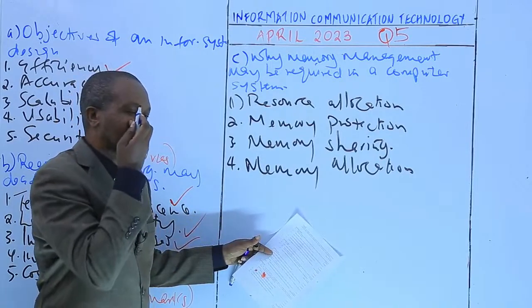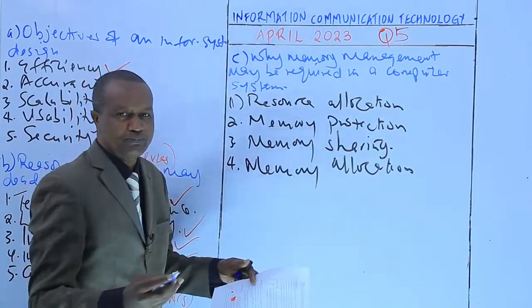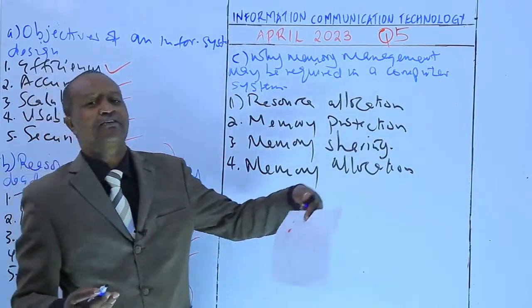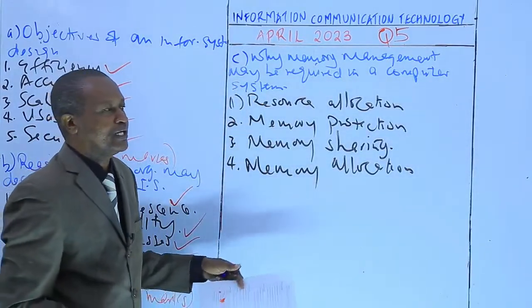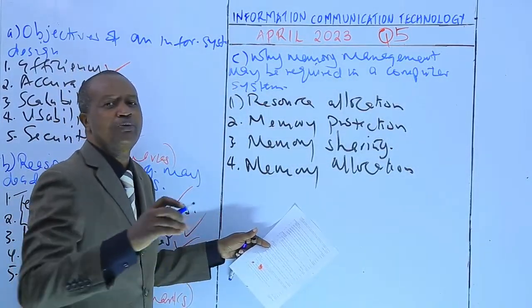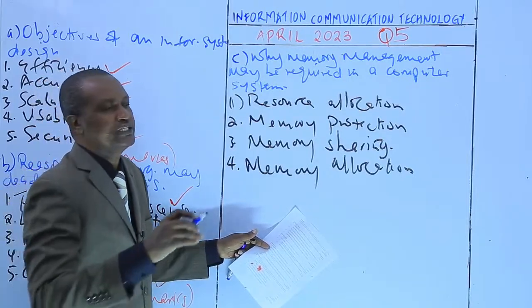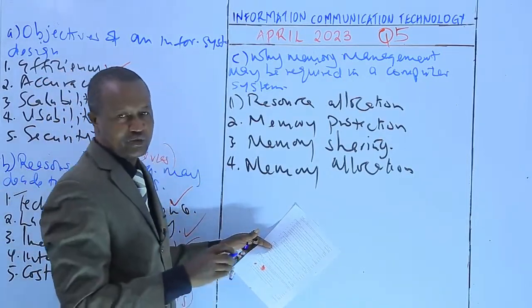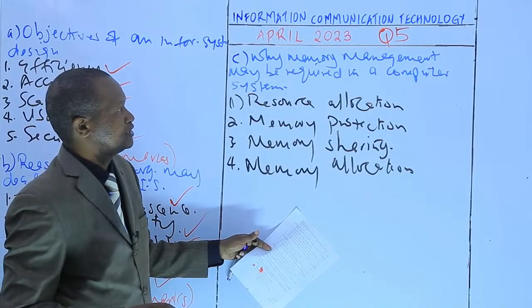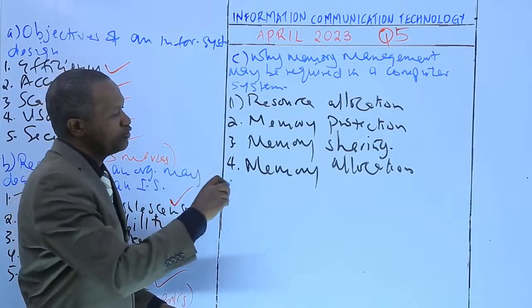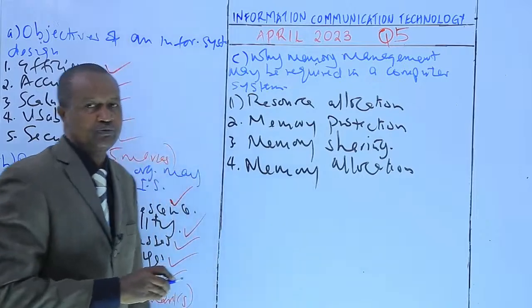And it does that by freeing up memory space and making it available for other processes or programs, and thereby preventing memory wastage and memory fragmentation. So memory management is required because of memory allocation.